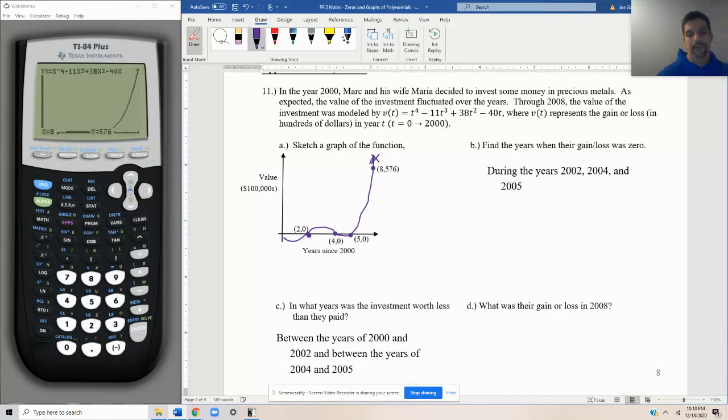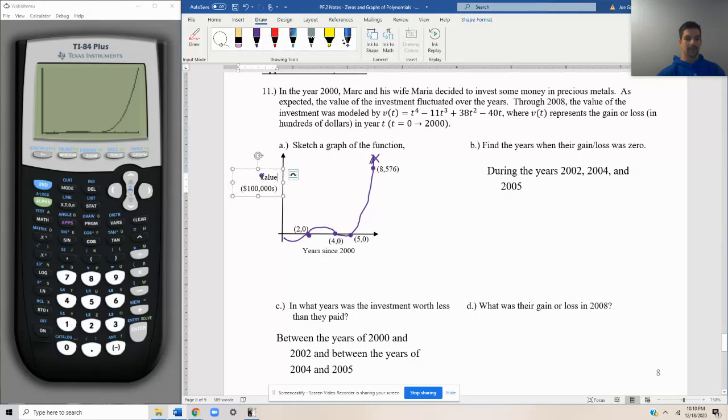That's just there, which is really towards the top of our function. And it says what was their gain or loss. Remember, this is the value. Maybe value was not the correct term to use here. Maybe I should have labeled this as gain/loss.